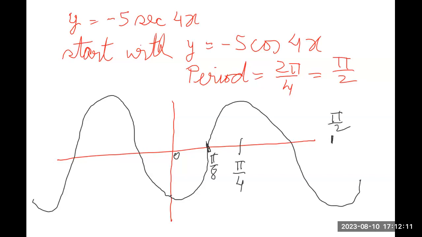So pi over 8, 2 pi over 8, this would be 3 pi over 8. And then the same thing on the negative side. So negative pi over 8, negative pi over 4, negative 3 pi over 8, and negative pi over 2.